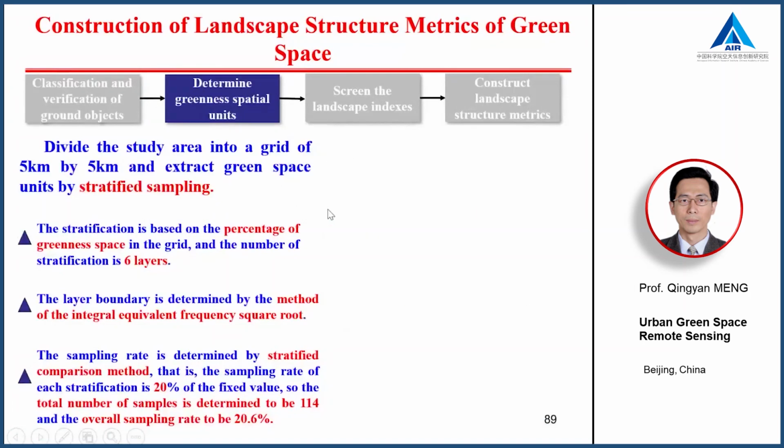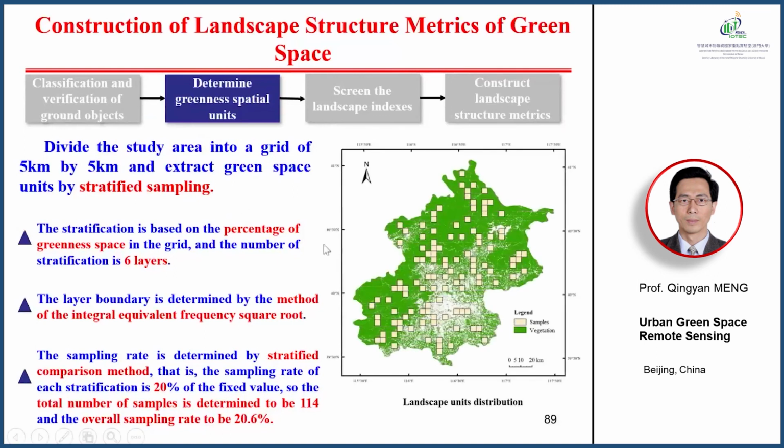And then decide the green space unit, divide the study area into grids. Okay, 5 kilometer by 5 kilometer to extract the green space unit by stratified sampling, and the stratification is based on the percentage of the green space.